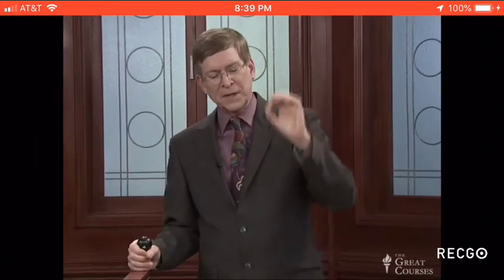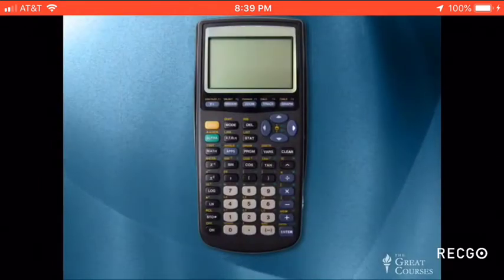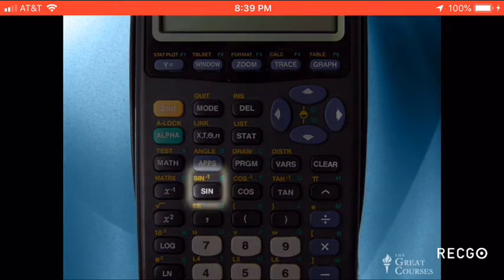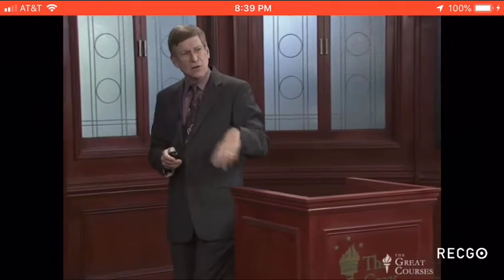On a calculator, I've looked at various brands. Some have arcsine on the key, and others have sine inverse. And in fact, the button for the inverse sine is usually right above the sine button. Keep in mind that arcsine is an angle. It's the angle whose sine is x.